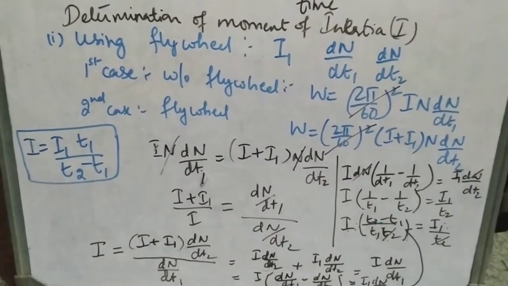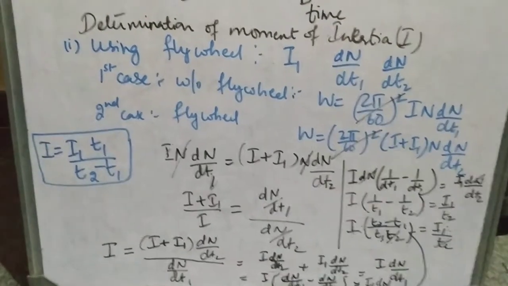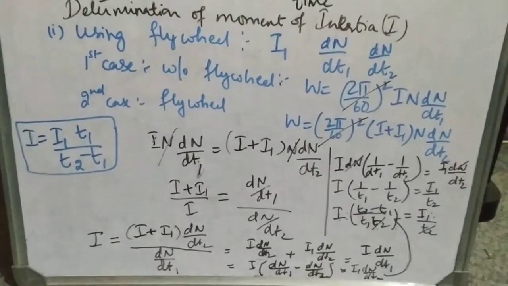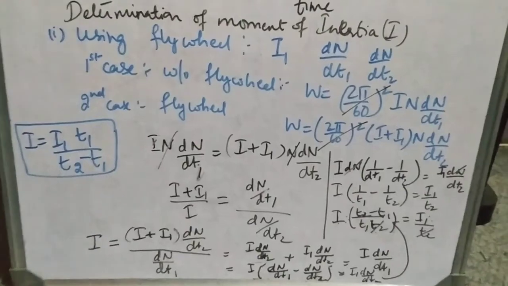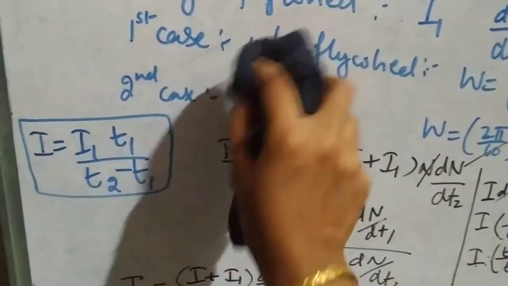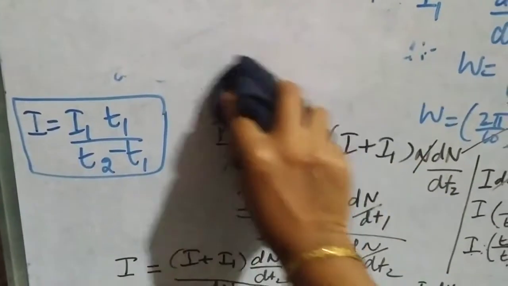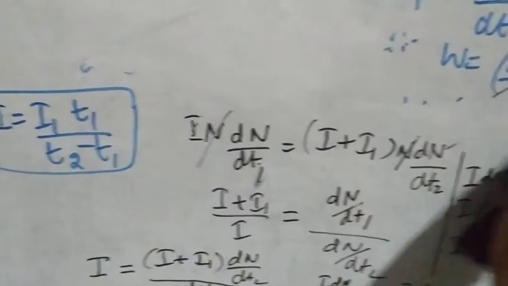Now, without including the flywheel, what action takes place? The derivation is the same, with only a little change. So let me rub this out. Here we will see the change without using a flywheel. What will be the value of the rotational loss?